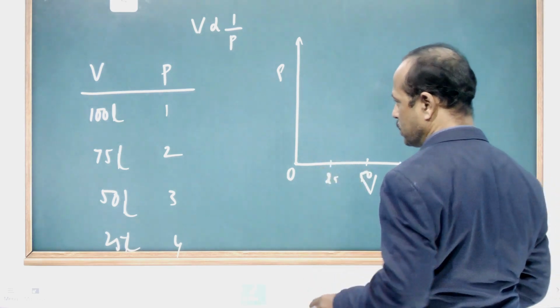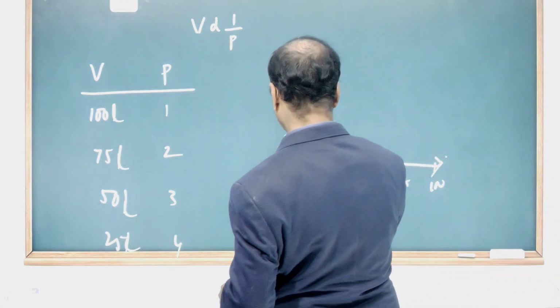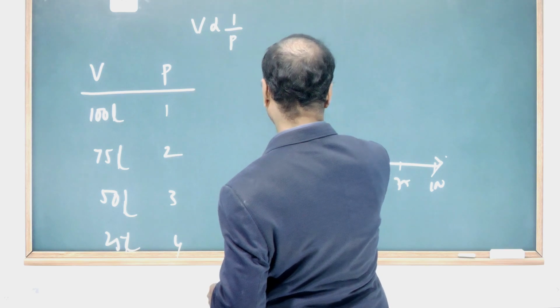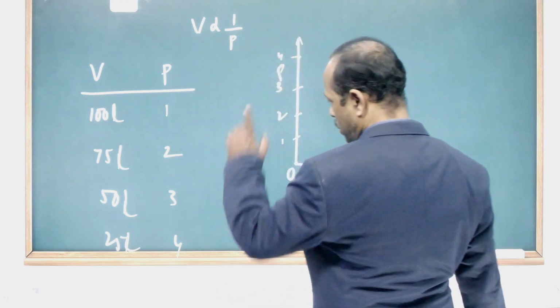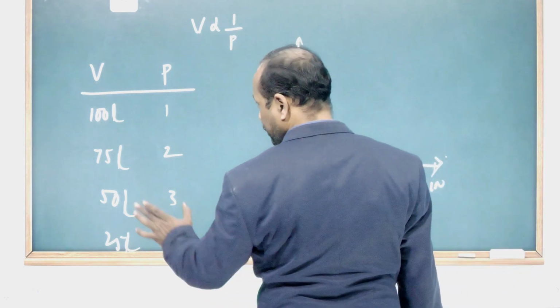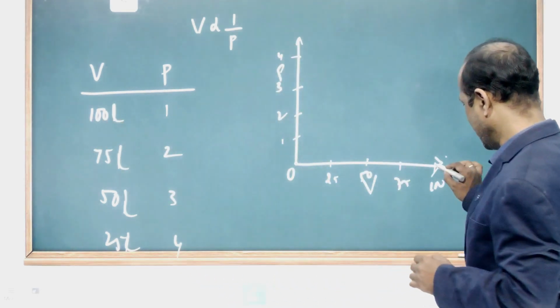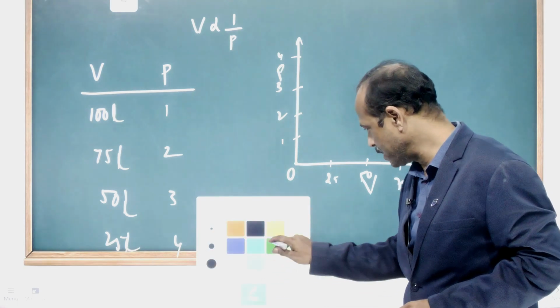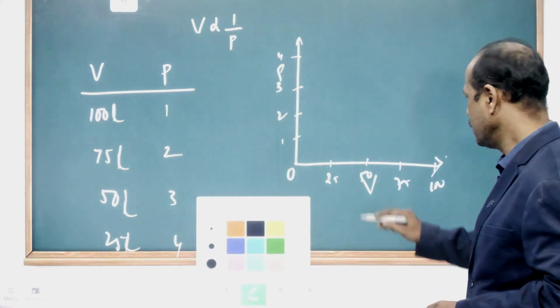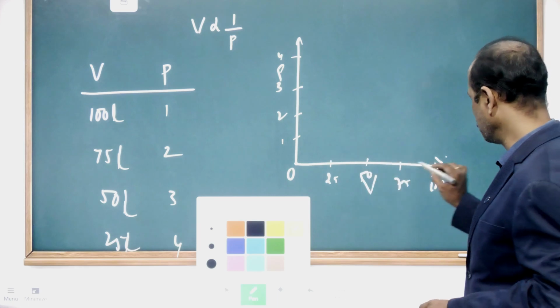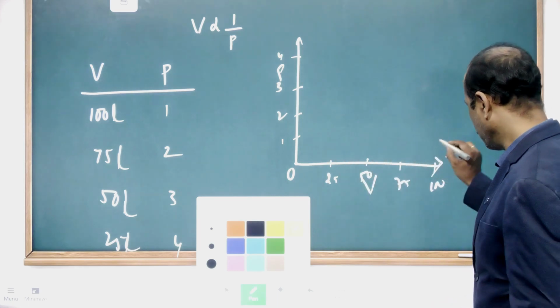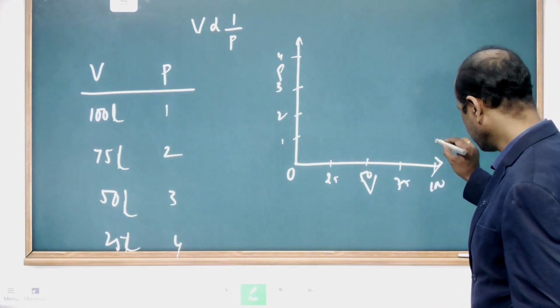These are the volumes. Now pressure: here 1, here 2, here 3, here 4, okay. So when the volume is 100, the pressure is 1. I'll take yellow color here. So 100 and 1, where they meet at this point.